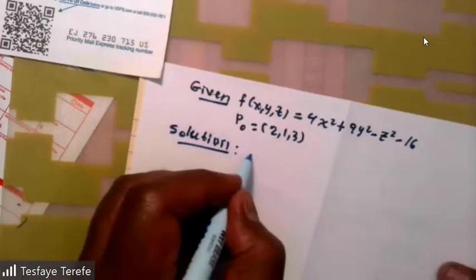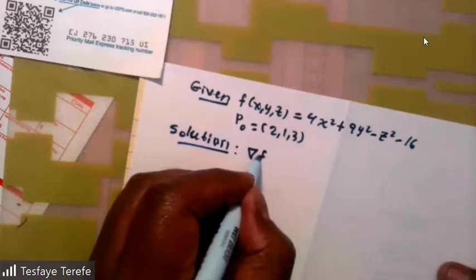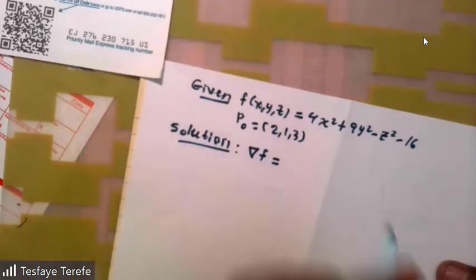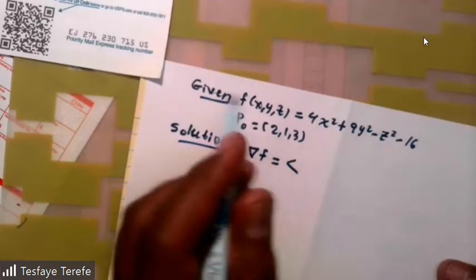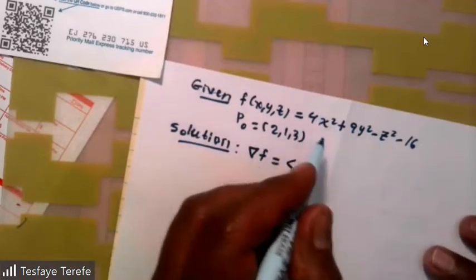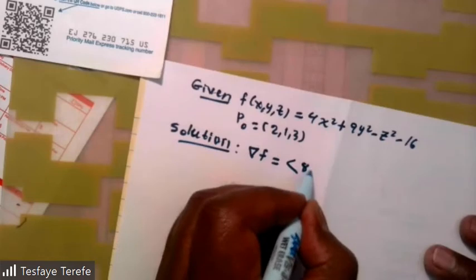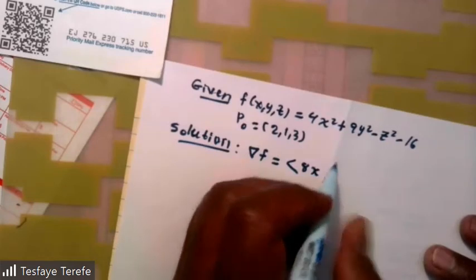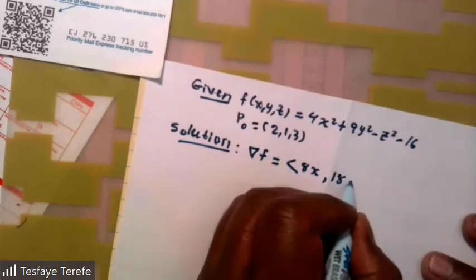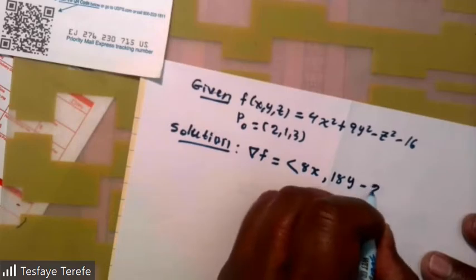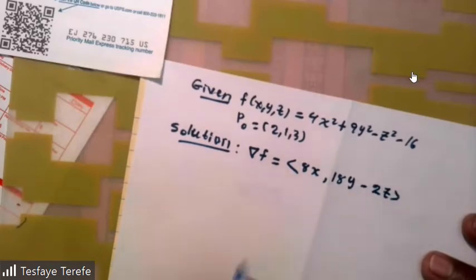So first we have to find the gradient. As you know, these are done independently. The partial derivative with respect to x is 8x, the partial derivative with respect to y is 18y, and minus 2z. That is really quick.